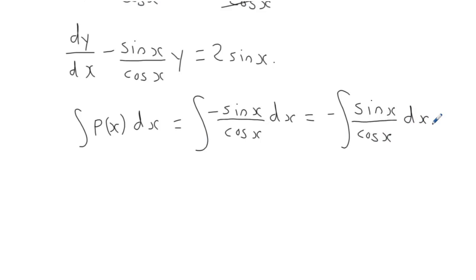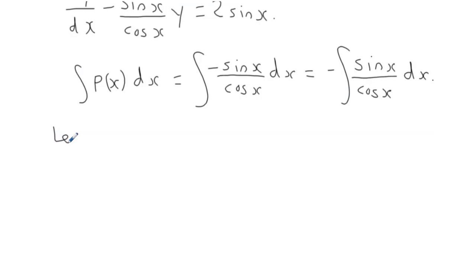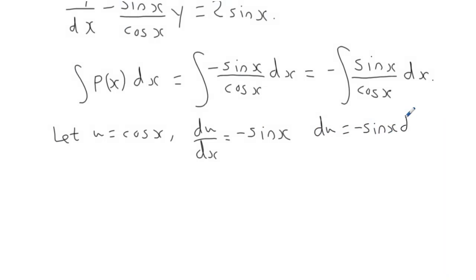The way to go about this is to use a u substitution, which is going to knock out that numerator. So let u equal cos x, which would mean du by dx equals minus sine x. So it's even going to knock the negative out as well, which means that du equals minus sine x dx, so dx equals du by minus sine x.